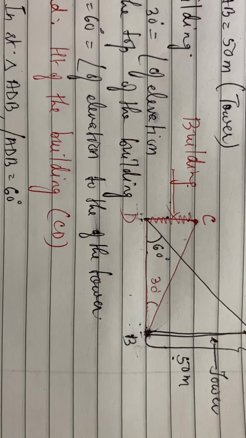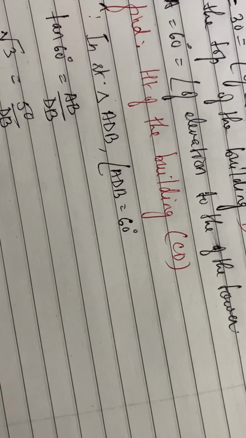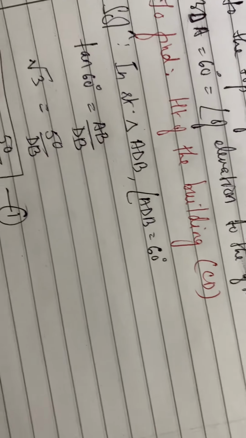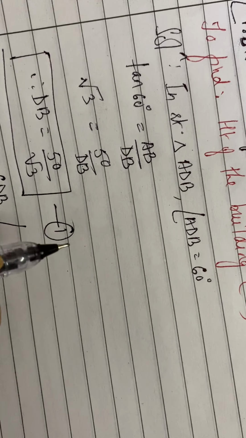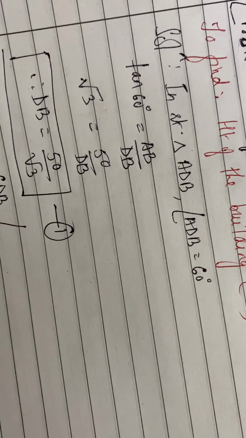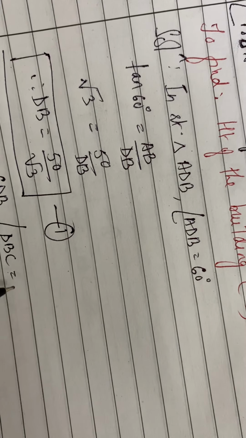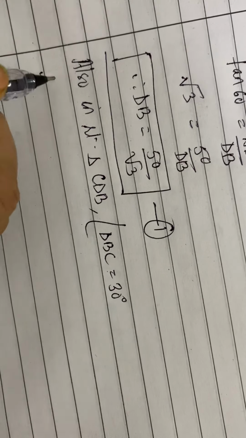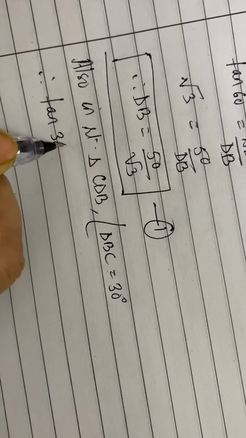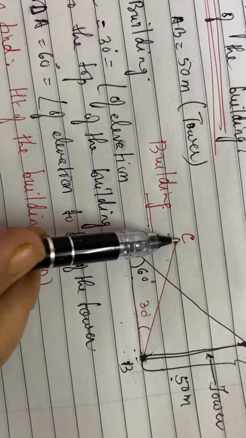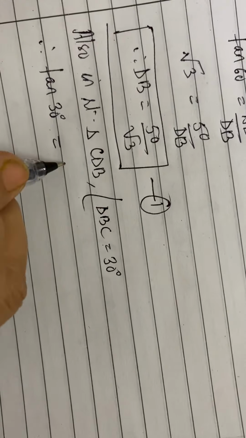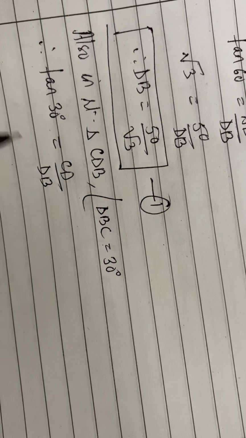Angle CBD, or DBC, is equal to 30 degrees. So therefore tan 30 will again be opposite upon adjacent. Opposite is CD, adjacent is DB. So it will be CD upon DB.